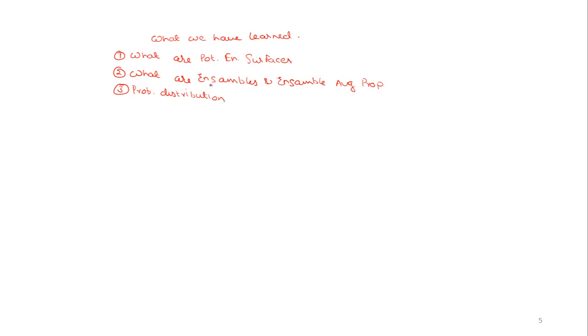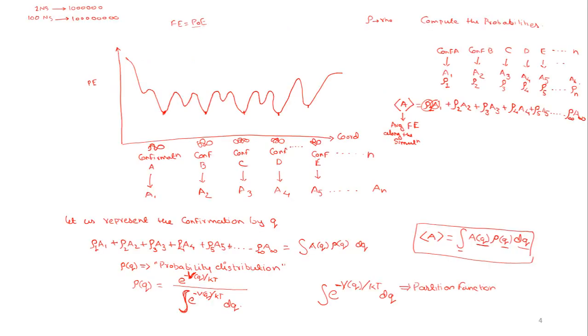One more thing: this expression, rho of q, that we have derived is called the Boltzmann distribution.